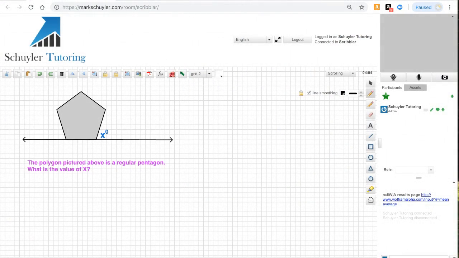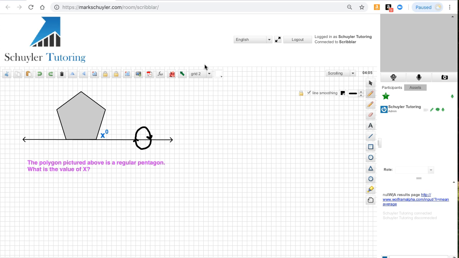So as you can see, we have our friend, the 5-sided pentagon, sitting on top of a straight line. And I want to remind you, there are 180 degrees above a straight line. One way to picture that is just half a circle, right? This is like a semicircle. You would complete going all the way around the circle, and that would be 360.